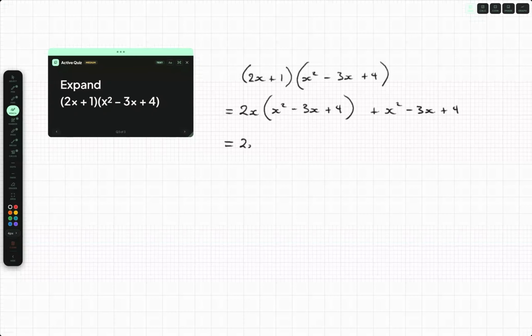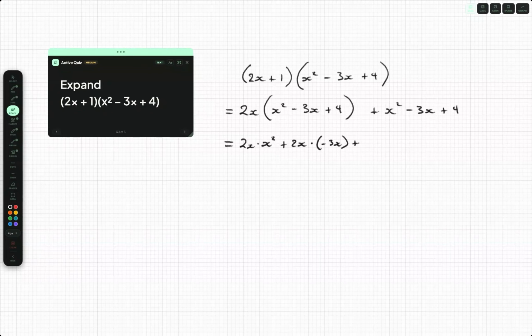Okay, 2x multiplied by x squared plus 2x multiplied by minus 3x plus 2x multiplied by 4 plus x squared minus 3x plus 4.